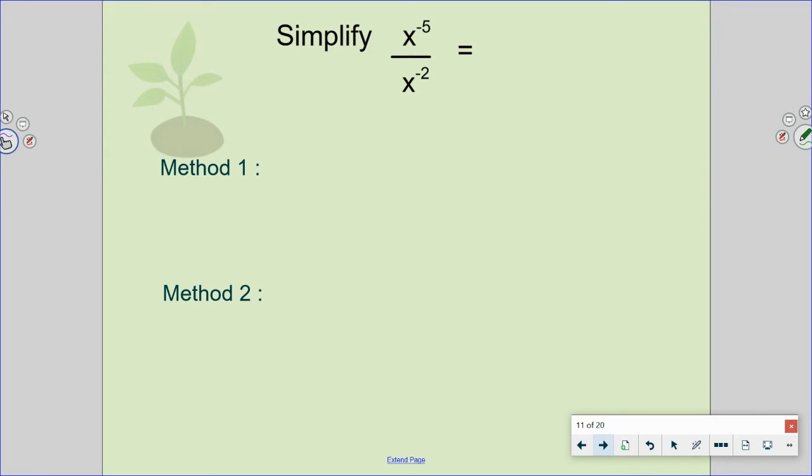Okay, here is the doozy. First things first, x to the -5th, we are dividing it by x to the -2nd. I'm just going to tear this apart for a second. X to the -5th over 1, which is still x to the -5th. I'm going to rewrite x to the -2nd. I'm going to put a 1 up top. Okay, the first question I ask, does it make sense or is it nonsense?